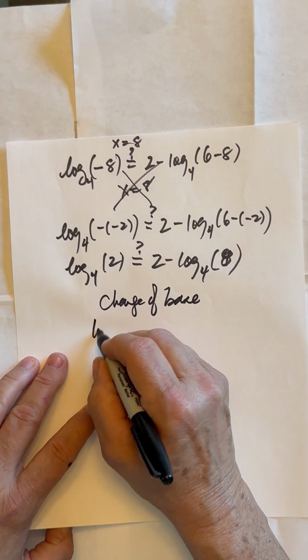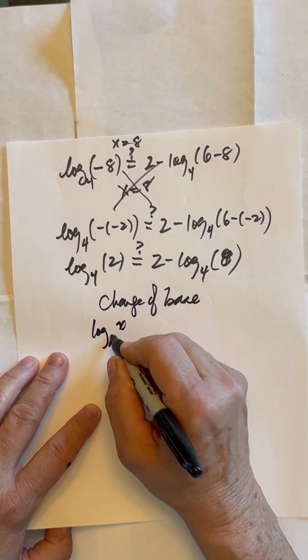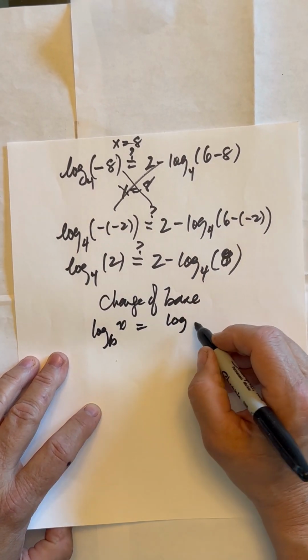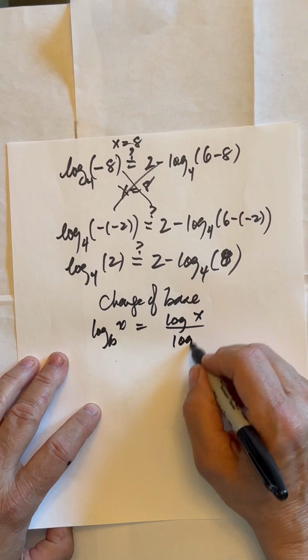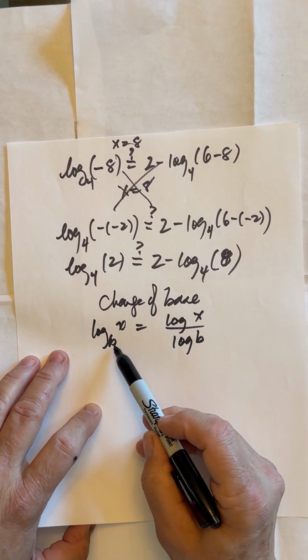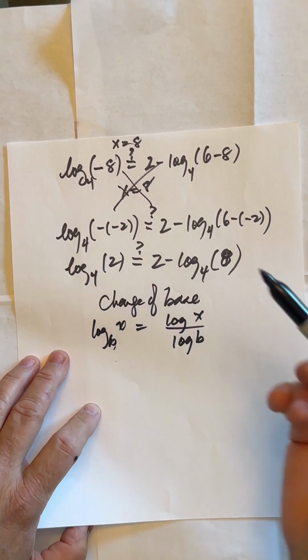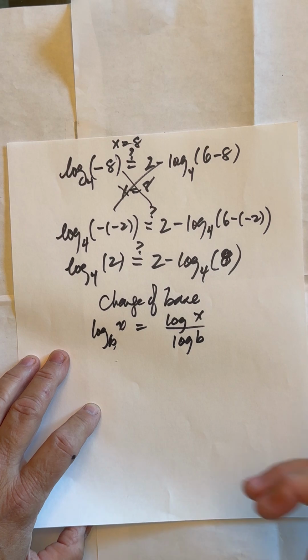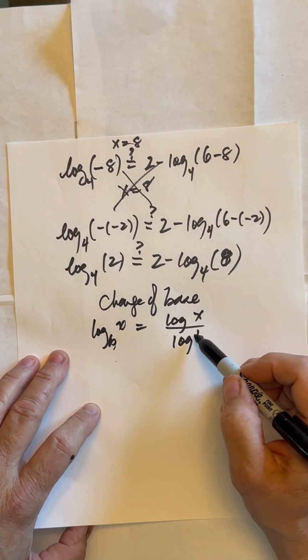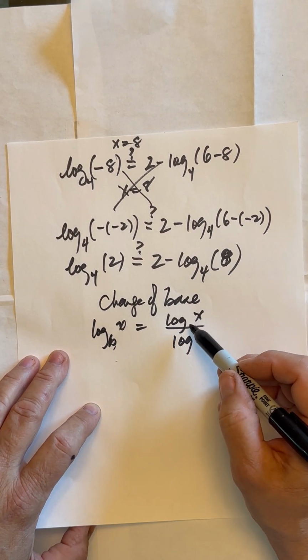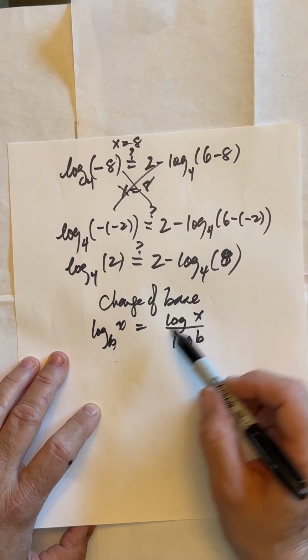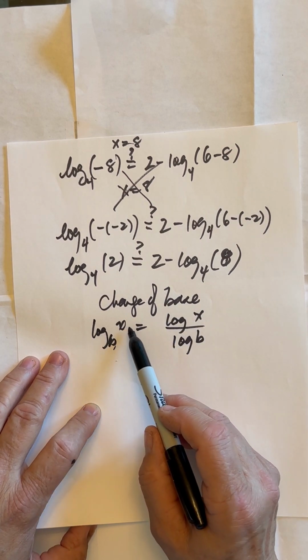they'll say log base b of x is equal to log of x over log of b. So this is some base that you don't know, like this 4. You don't have it in your calculator. And this is the base you do have, when you only have 2 of them, 10 or e. So this could be base e or 10. So basically you're taking the log of the number over log of the base.